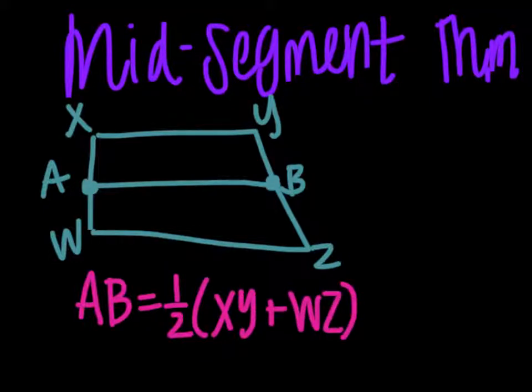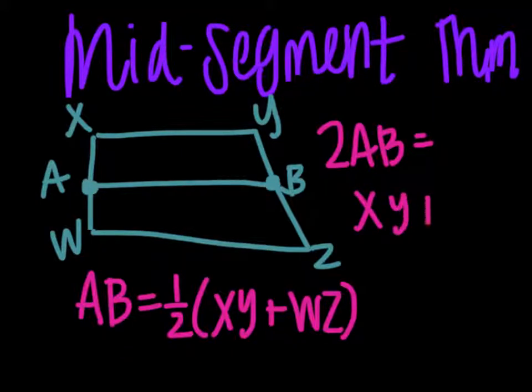Another way that you can write that is that it would take 2 ABs to equal XY plus WZ. Either way, it's the same thing written 2 different ways.